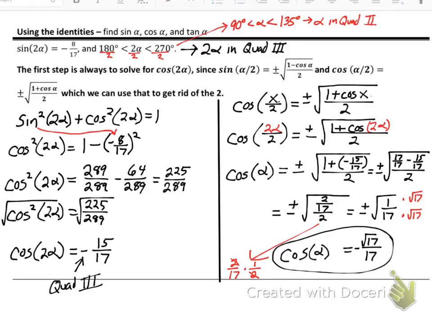Because as soon as we got cosine alpha, I'm not even going to look at the next slide, because that was more just for notes, and that's why we did it. The easier way to do this is as soon as I knew cosine alpha equals negative square root of 17 over 17, the next easiest step is just saying, well, cosine squared alpha plus sine squared alpha equals 1.